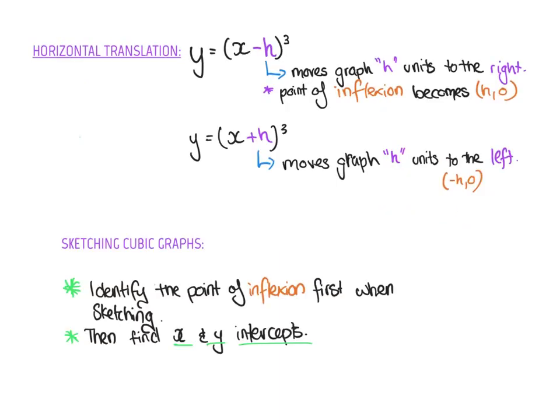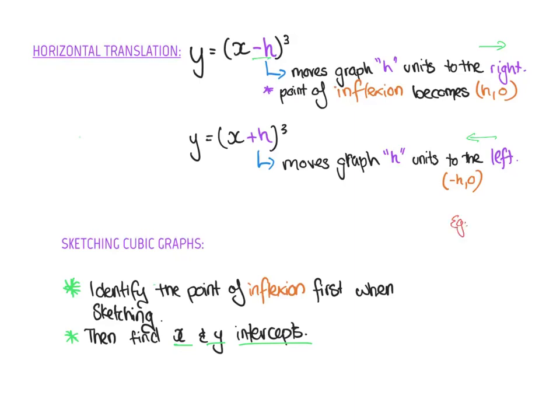Okay, the h value moves the graph left to right. If you have a minus h, or a minus number in there, that'll move the graph to the right. And if you have a plus number, that'll move it to the left. So for example, I'll just do a quick example.